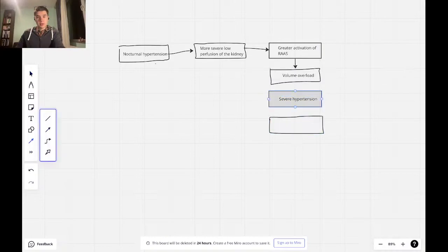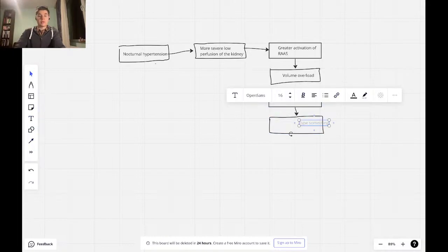And this severe hypertension, in turn, will cause flash pulmonary edema, and as we discussed previously, during the night.